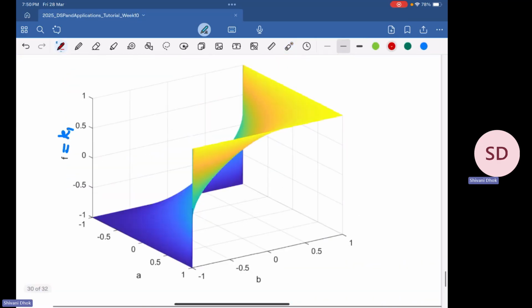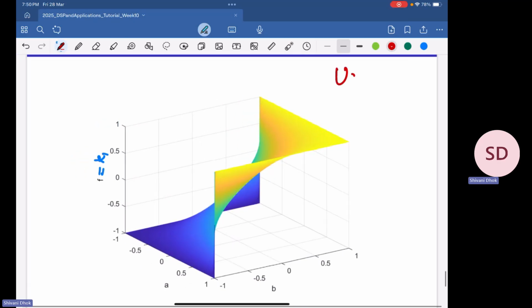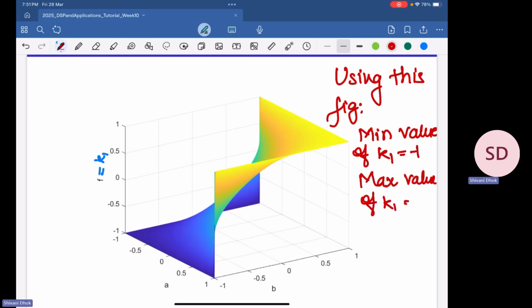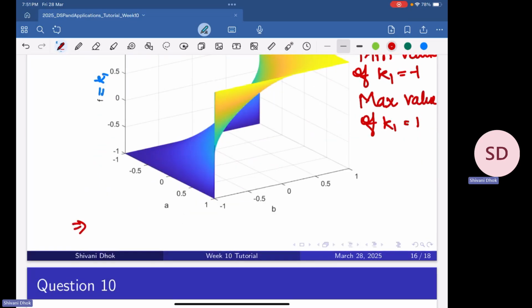So by this figure, we can find that the minimum value of k1 is -1 and max value of k1 is 1. So this means that my k1 belongs to -1 to 1, which means that my magnitude of k1 is less than or equal to 1.